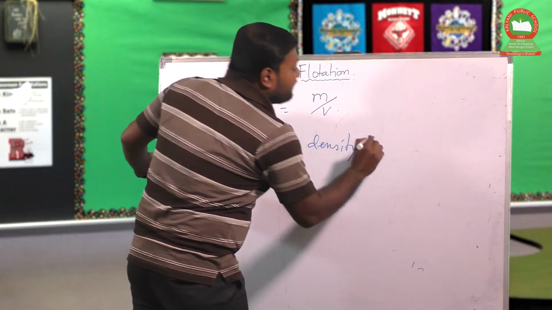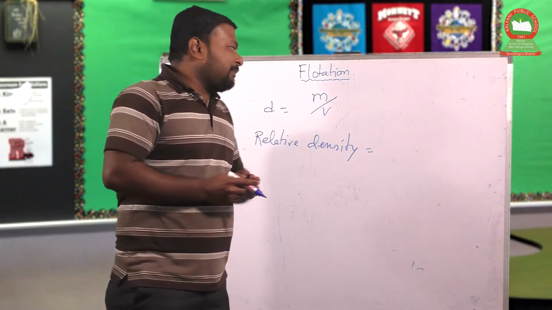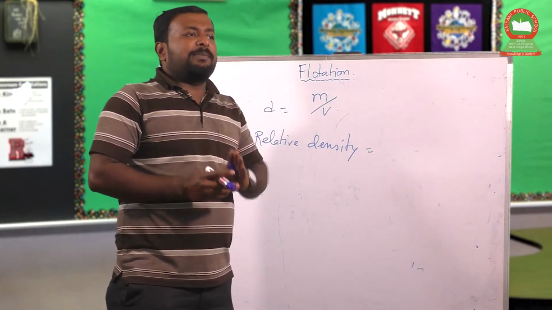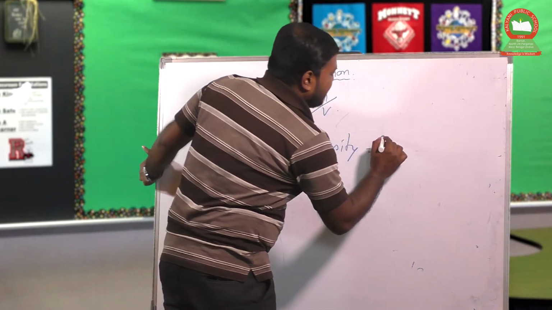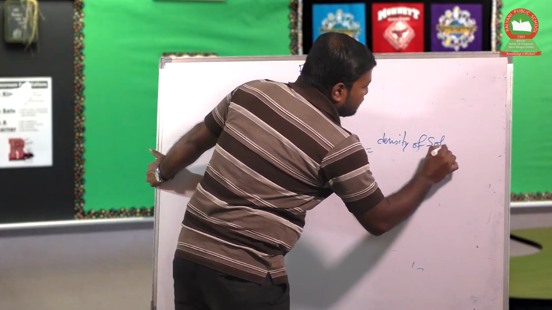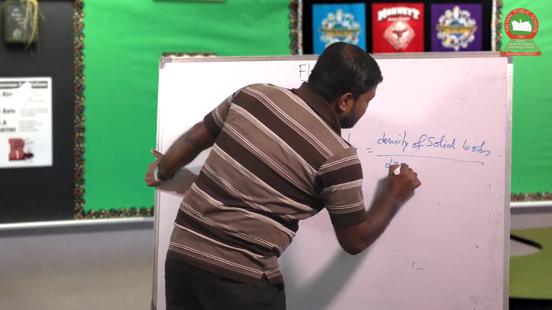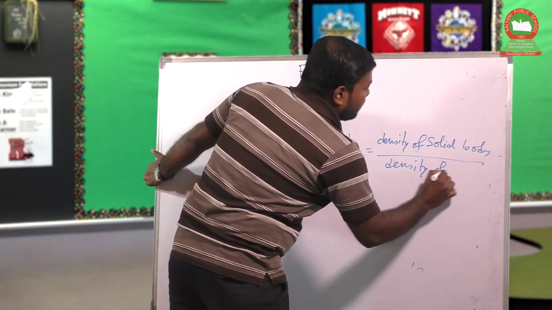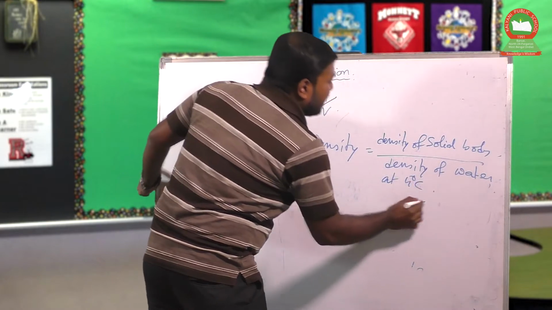So what is relative density? Relative density is the density of the solid substance divided by the density of water at 4 degrees C.